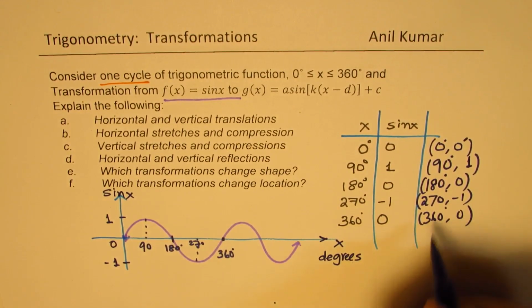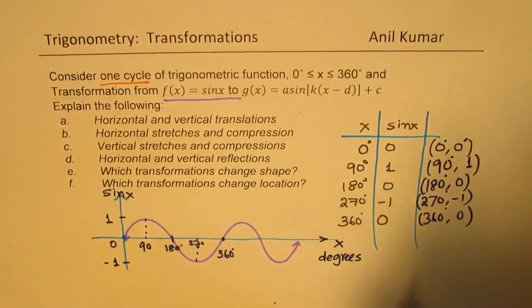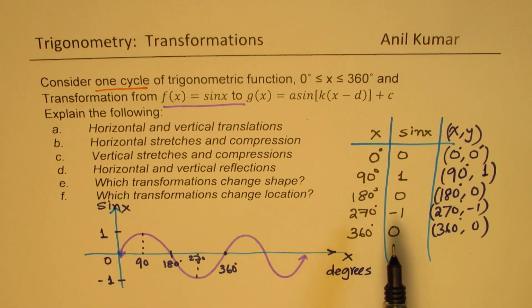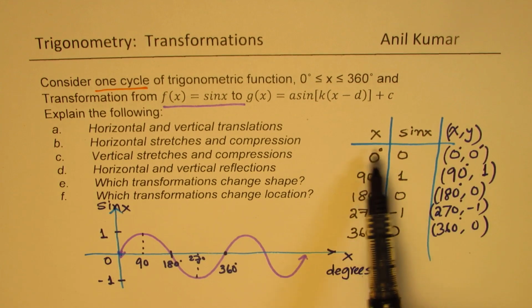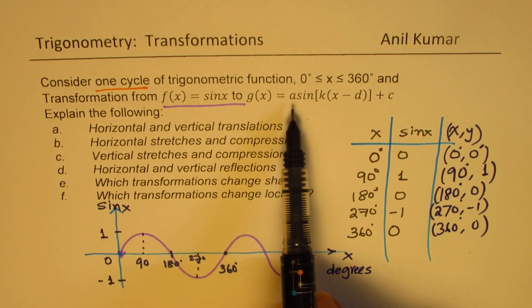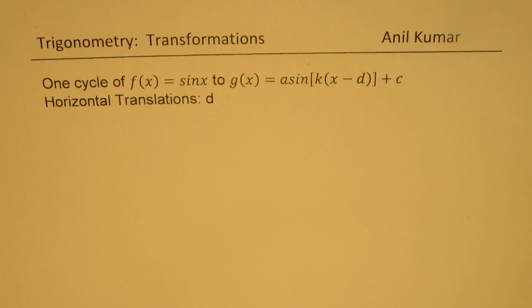So those are the values for different x values. Perfect. So we'll consider what happens to these points. In general we call them x and y. Now let us see how these x and y coordinates change when we have a transformed trigonometric function. So we'll consider one by one all the cases.